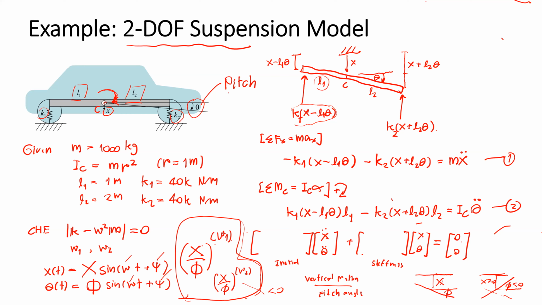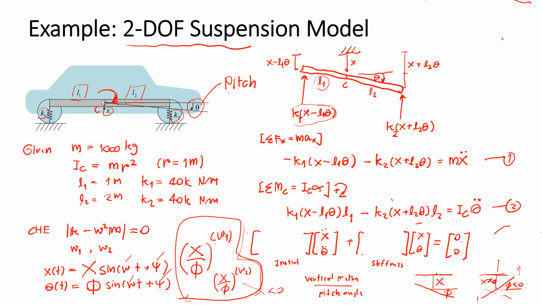But if the magnitude ratio is negative, it means the displacement and the pitch are in the opposite direction. If x is more than 0, if the car bumps downward, the pitch will make the front of the vehicle go upward, bigger than the rear.